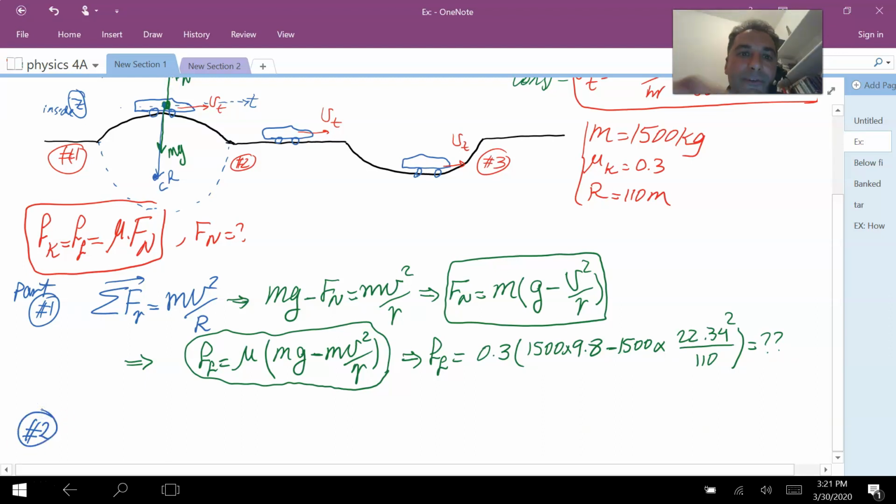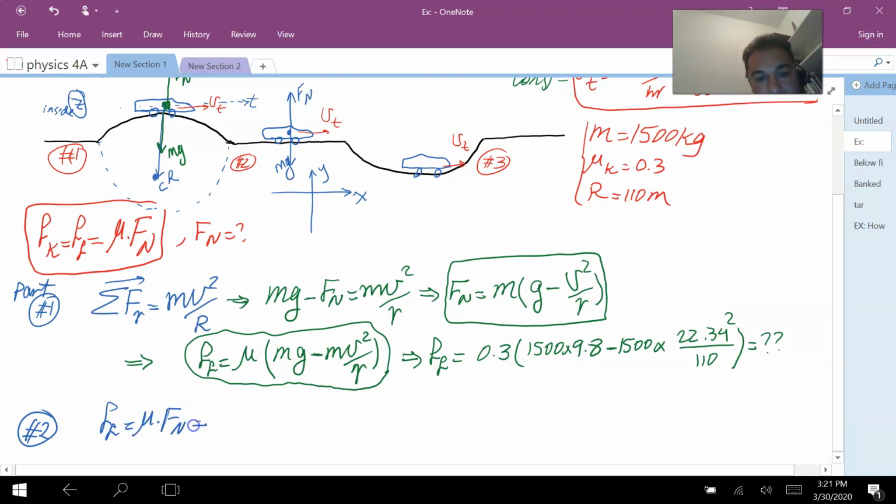Let's verify forces. So part 2, I have x and y. So I can say here I have only mg and also I have Fn. Therefore, what is the friction force equation? It's mu Fn. So I have to see what is Fn, correct? I see that they are on y-axis, so sigma F on y-axis is 0.